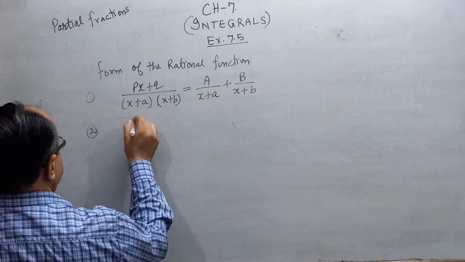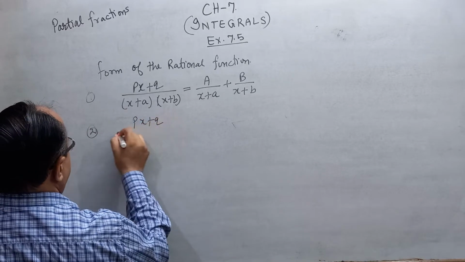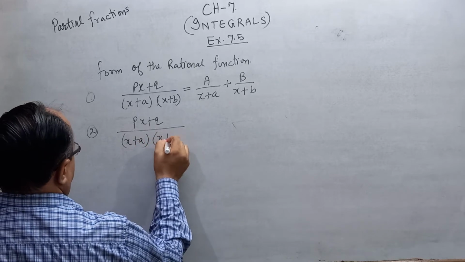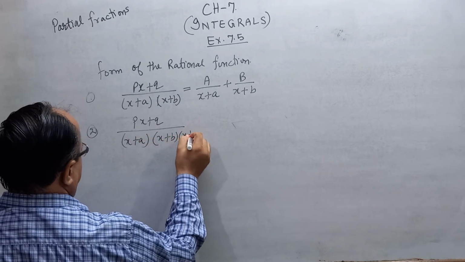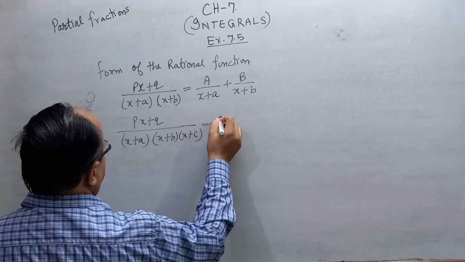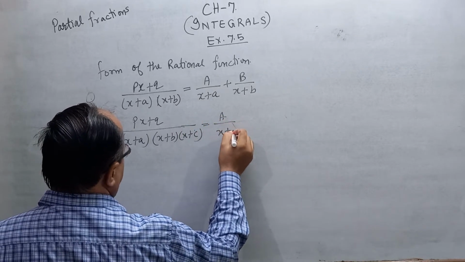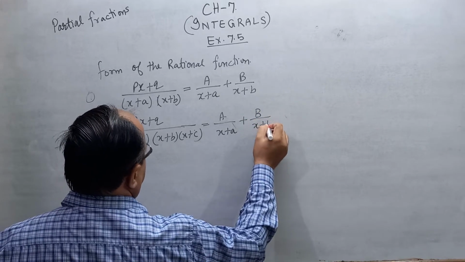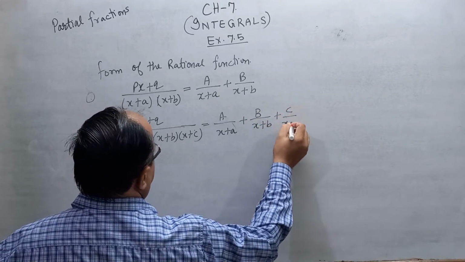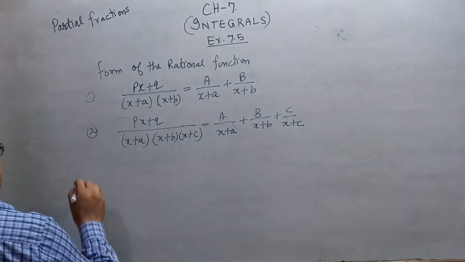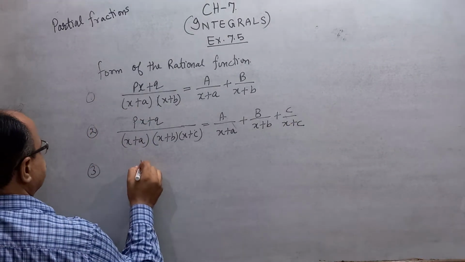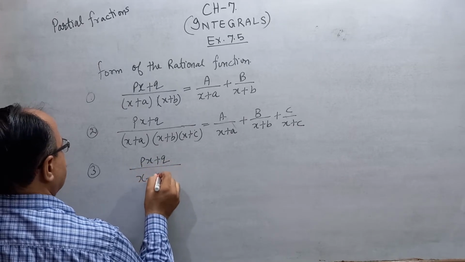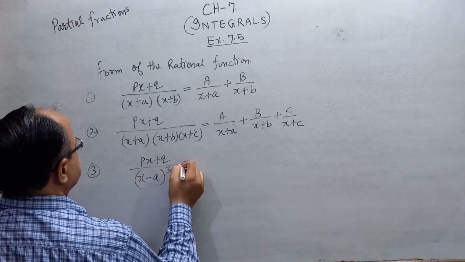Second form, suppose px plus q upon x plus a, x plus b and x plus c. Therefore, you can write a upon x plus a, the first factor, b upon x plus b, plus c upon x plus c. Clear? Third, px plus q upon x minus a whole cube.